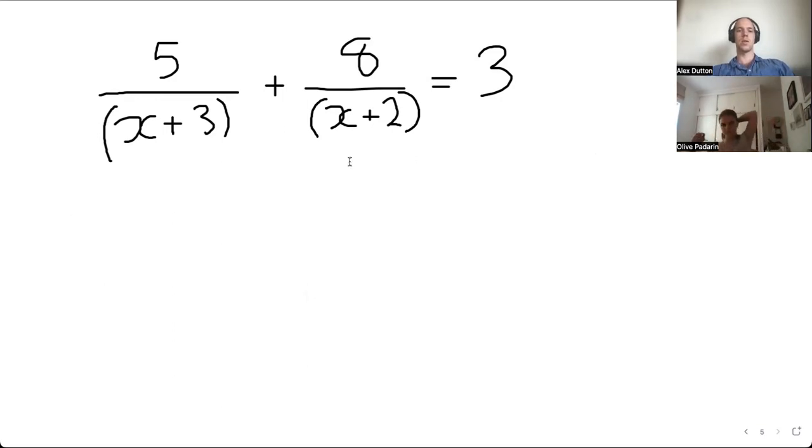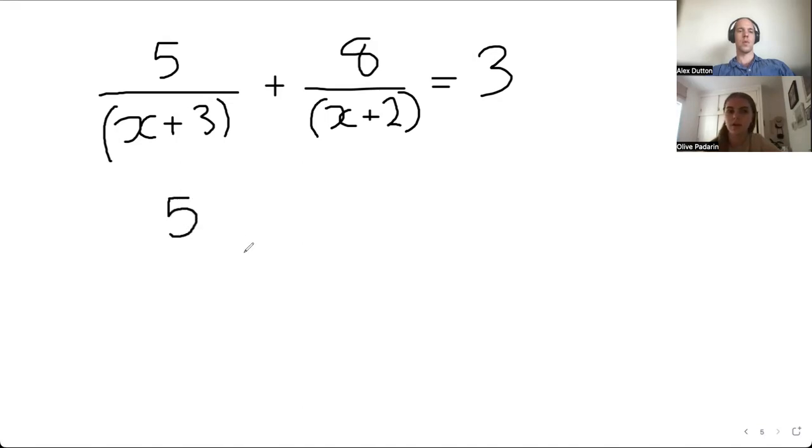It's totally up to you. But then if I am multiplying 8 over x plus 2 by x plus 3, would it become 8 over x plus 3 times x plus 2?